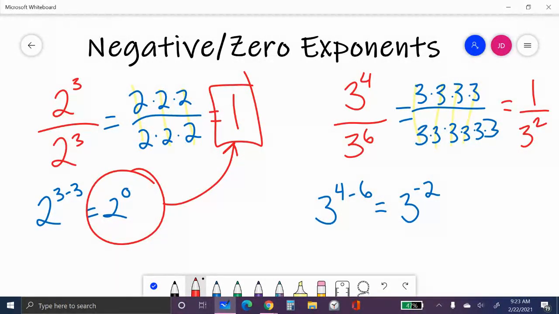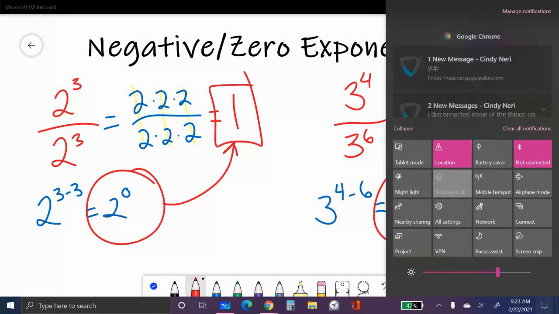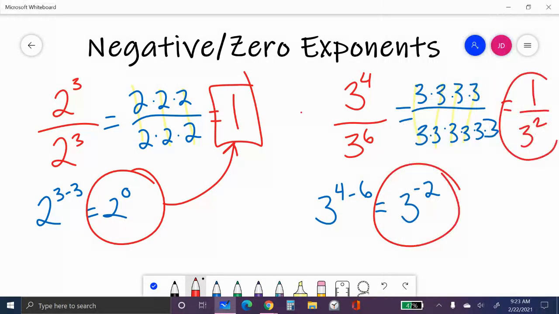So whenever you have a negative exponent, it goes to the bottom of a fraction. 3 to the negative second is the same thing as 1 over 3 to the second.